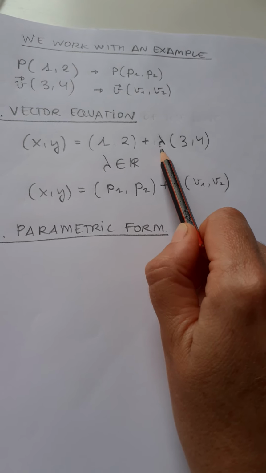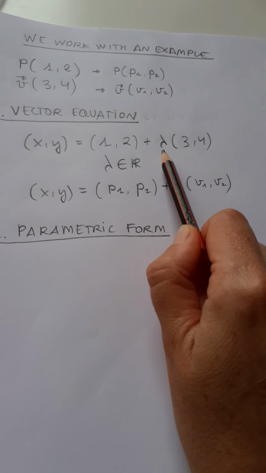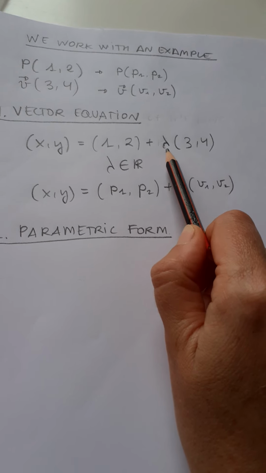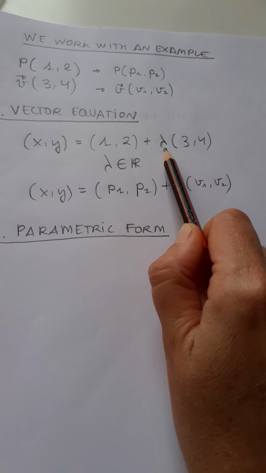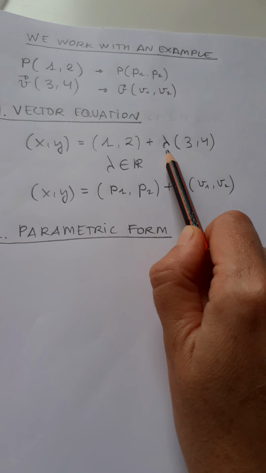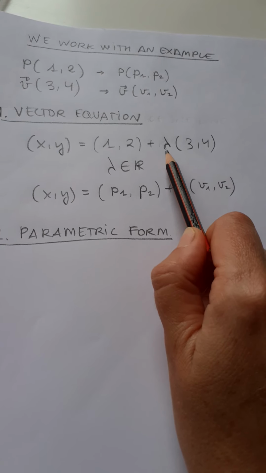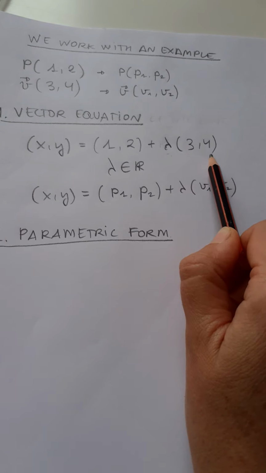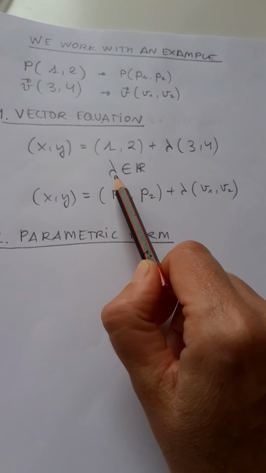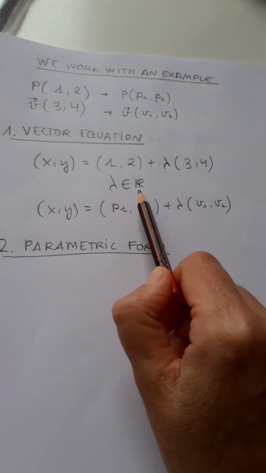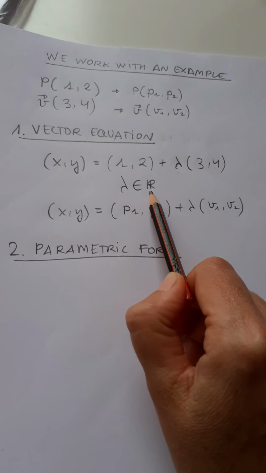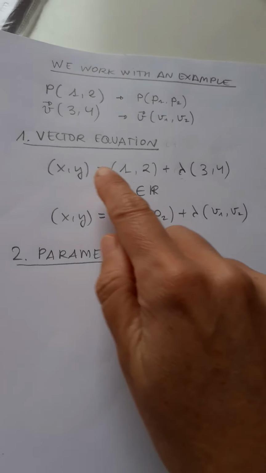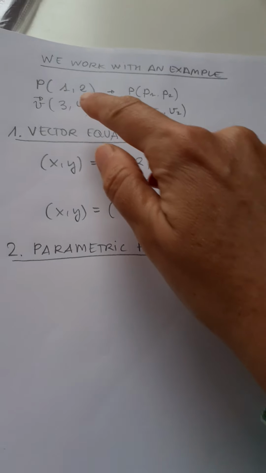We used the letter K, some of you used the letter M, it doesn't matter, but in this case I'm going to put lambda because this is a typical letter we use in maths. Lambda is a Greek letter that has to multiply the vector, and you know that lambda could be any number that belongs to the set of real numbers, okay? So this will be the vector equation of my example.